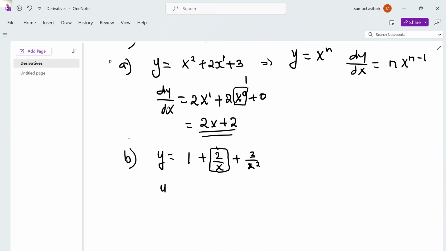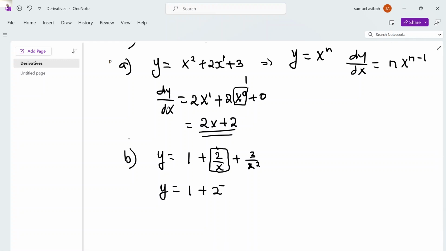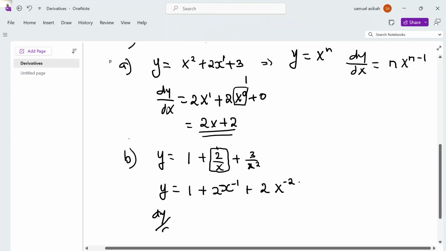So you can rewrite this one as 1 plus 2 x raised to negative 1 plus 2 x raised to negative 2. If you rewrite it that way, then you can see that it is very easy for you to get the derivative of each particular part. So we said that the derivative of a constant here is equals to 0. So 1 is equals to 0 here.